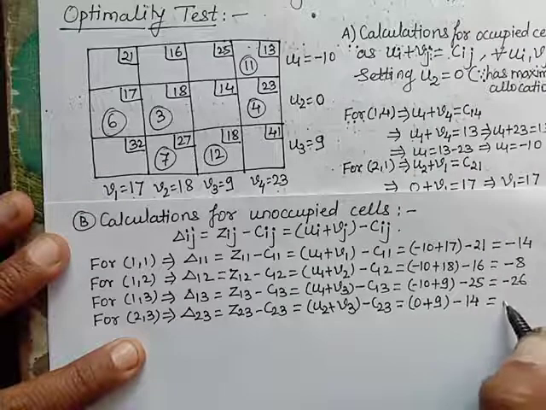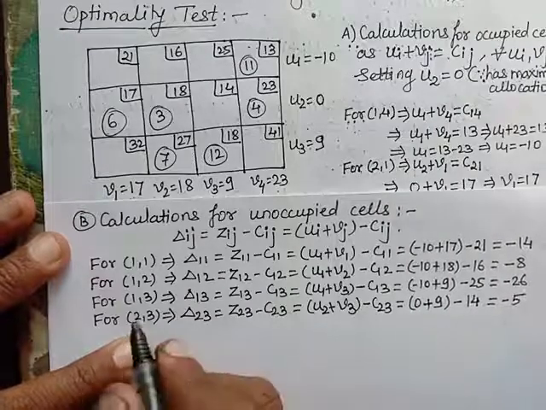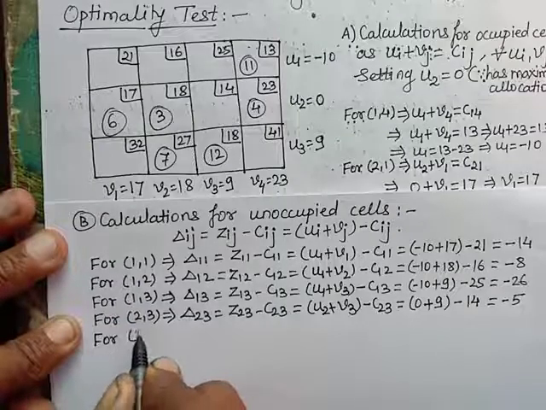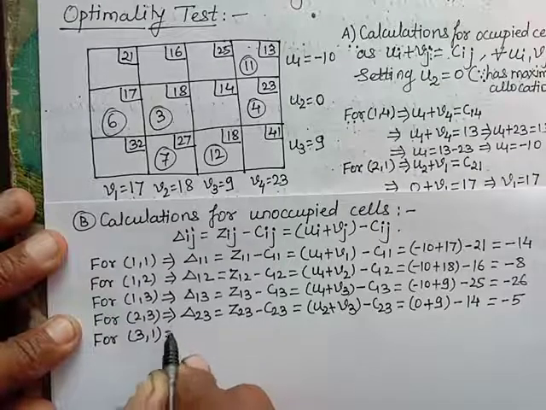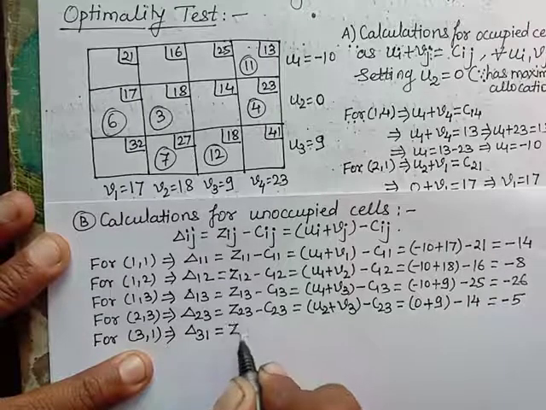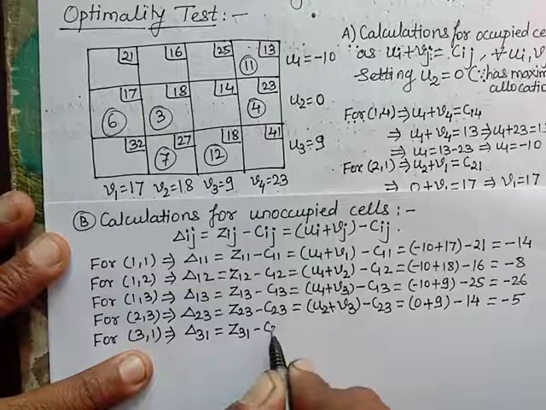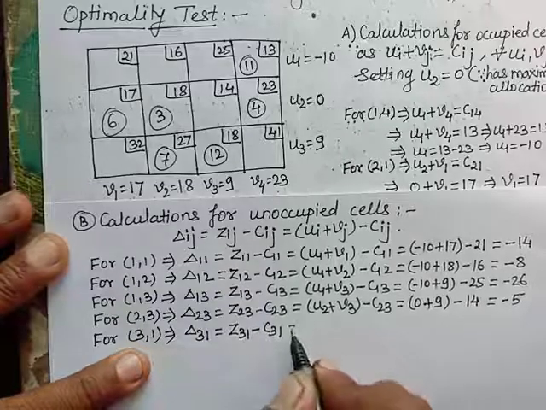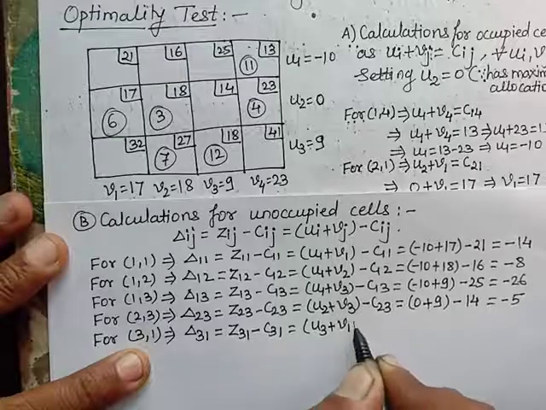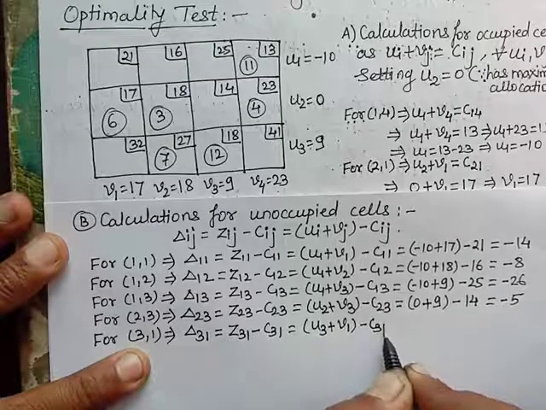So it will be minus 5. Now for 3,1, delta 31 will be Z31 minus C31. So it is U3 plus V1 minus C31.